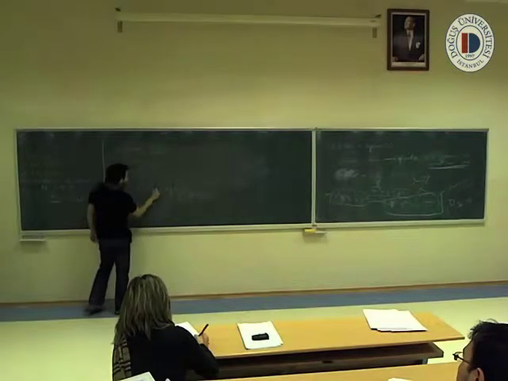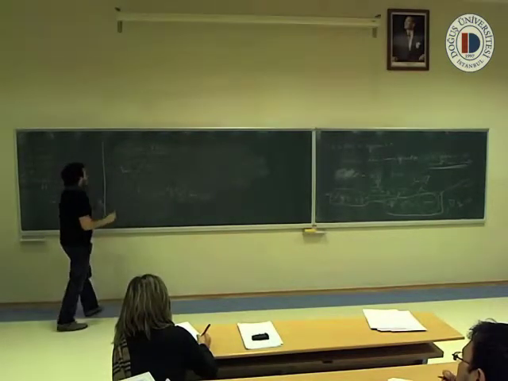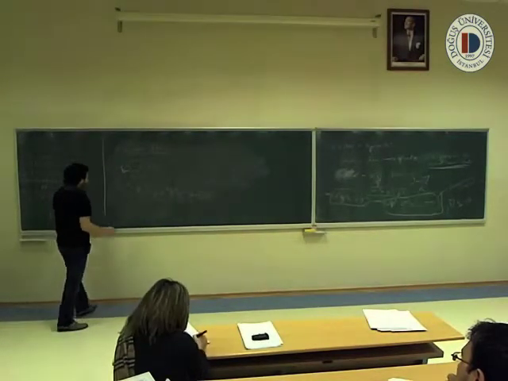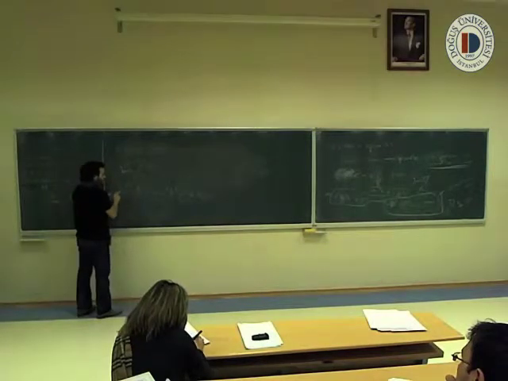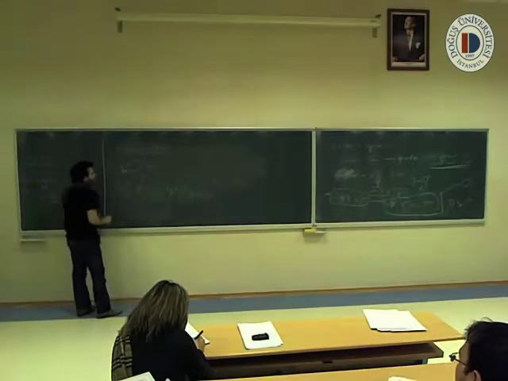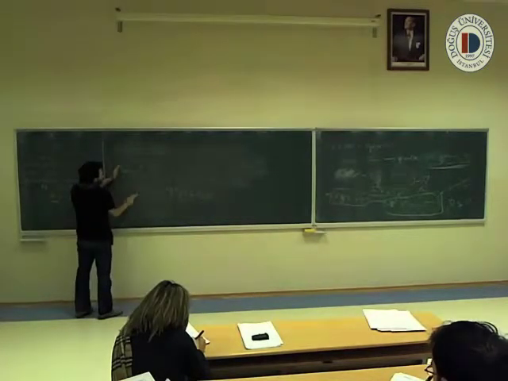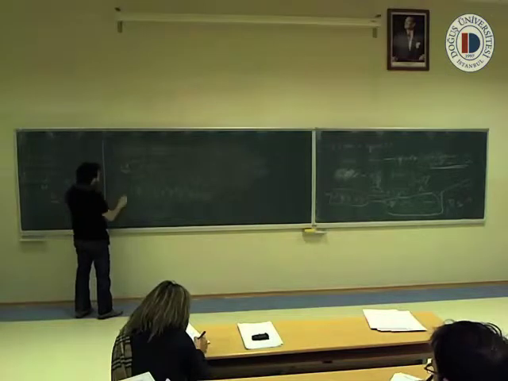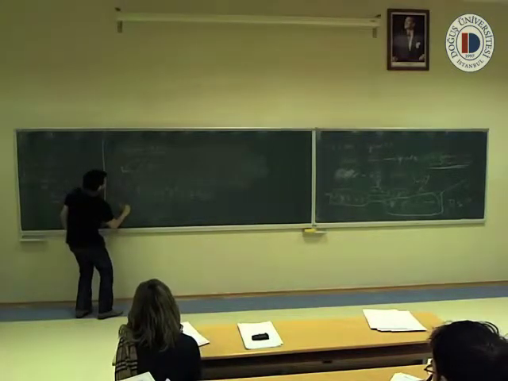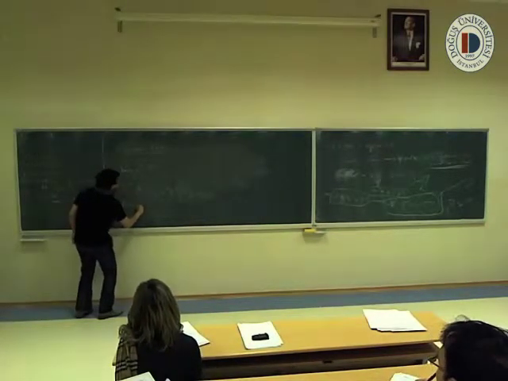But the important quantity that describes curvature is R. I'm not going to derive this, but I will just mention that the way to derive this quantity is to use parallel transport. So I will mention what parallel transport is.